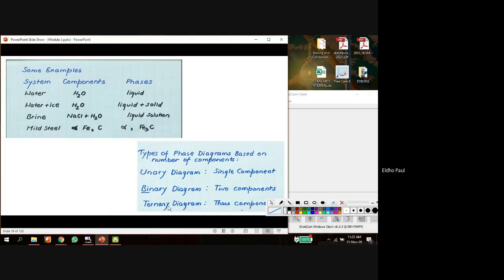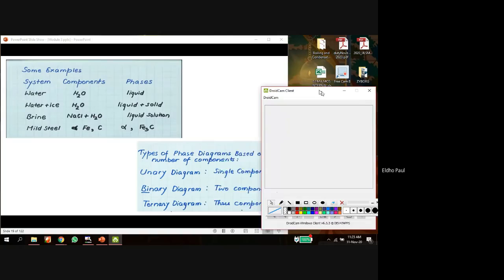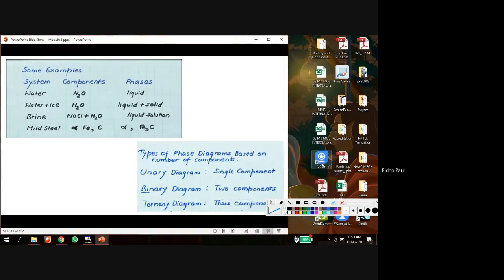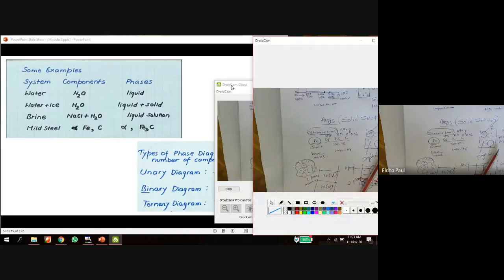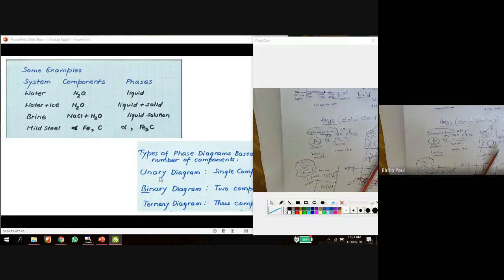For example, if we remove nickel in the stainless steel, we have only chromium and carbon, then that is a ternary diagram, three components only. So depending upon the number of components, we can classify the diagrams into three: unary diagram, binary diagram, and ternary diagram.